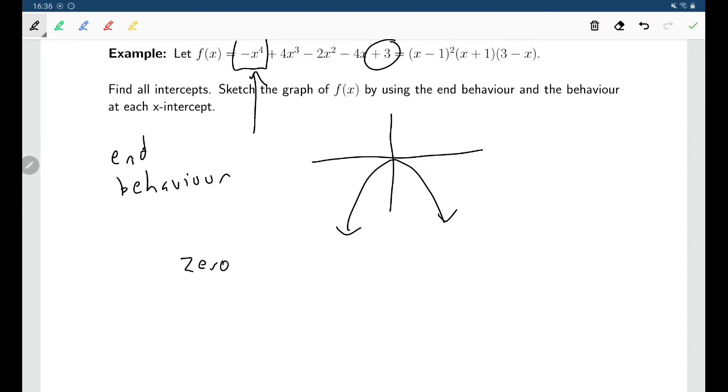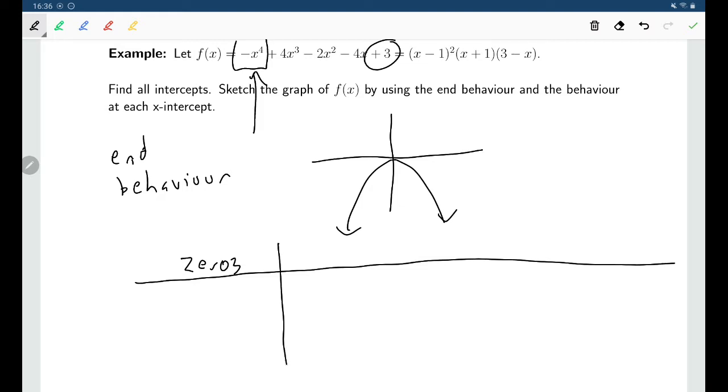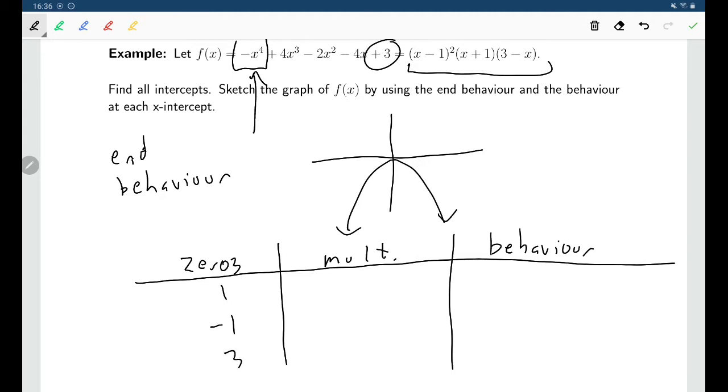And then finally, we have our zeros, our multiplicity, and our behavior. So we have three x-intercepts. X-intercepts when x is 1, when x is -1, and when x is 3.